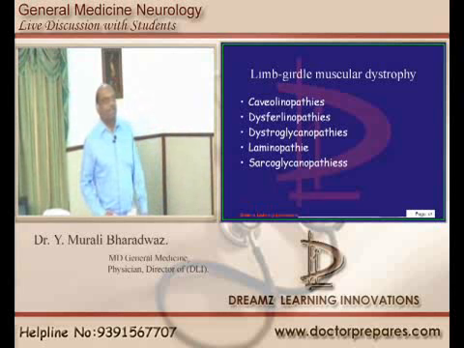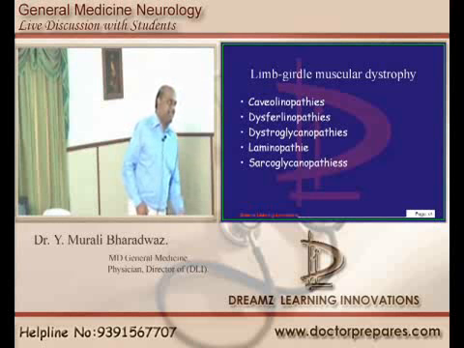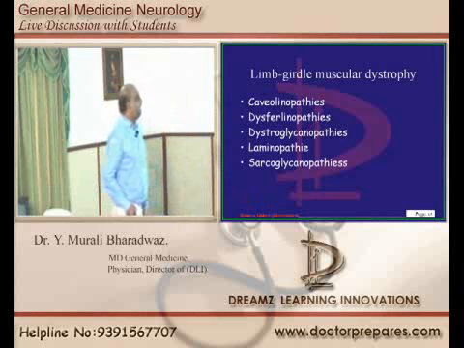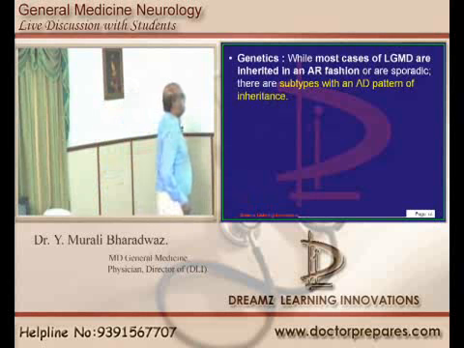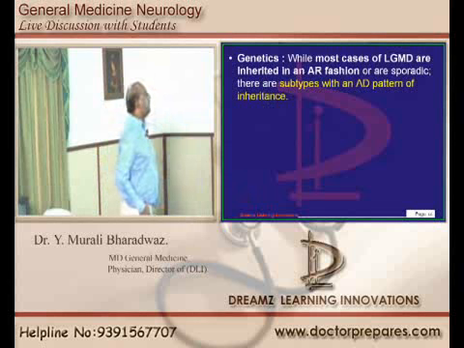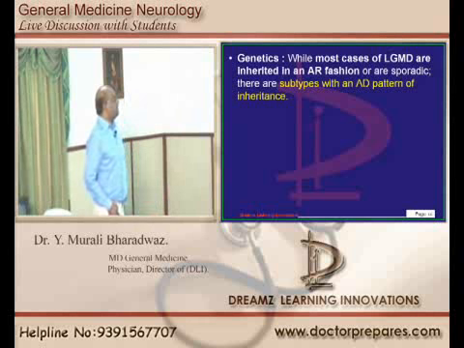Don't do that. We will be insulting our simple mind and preventing it from performing well in the exam if we try to mug up too many unnecessary things. But anyway, I leave the literature to you. Most of these limb girdle muscular dystrophies are autosomal recessive, with a few subtypes which are autosomal dominant.